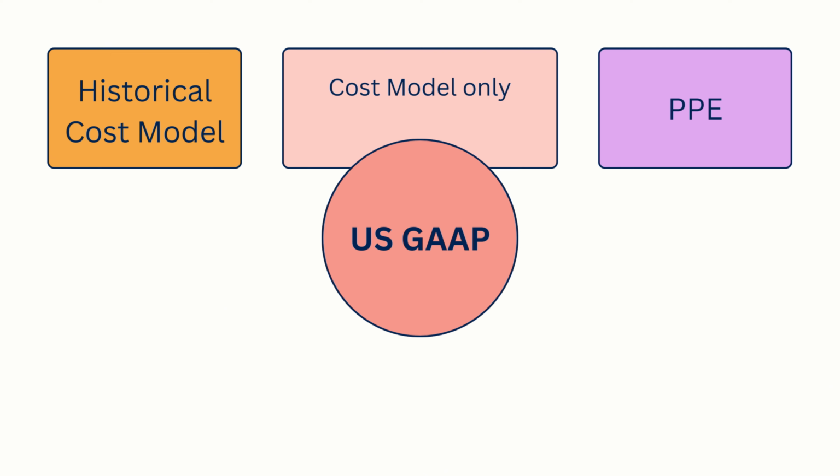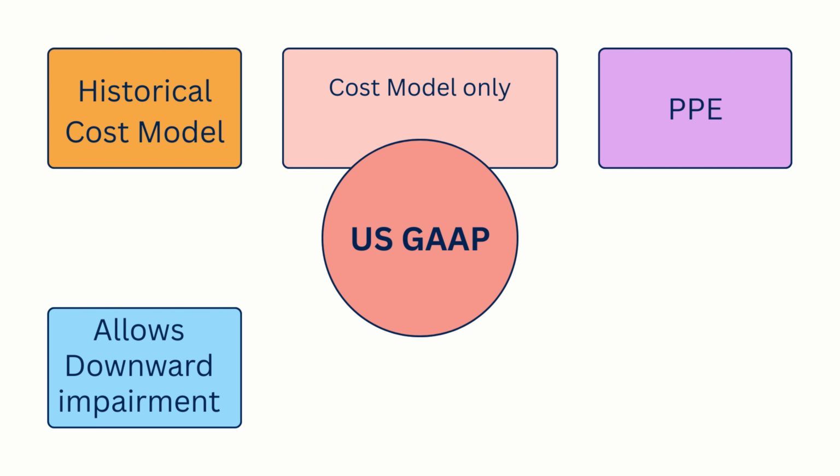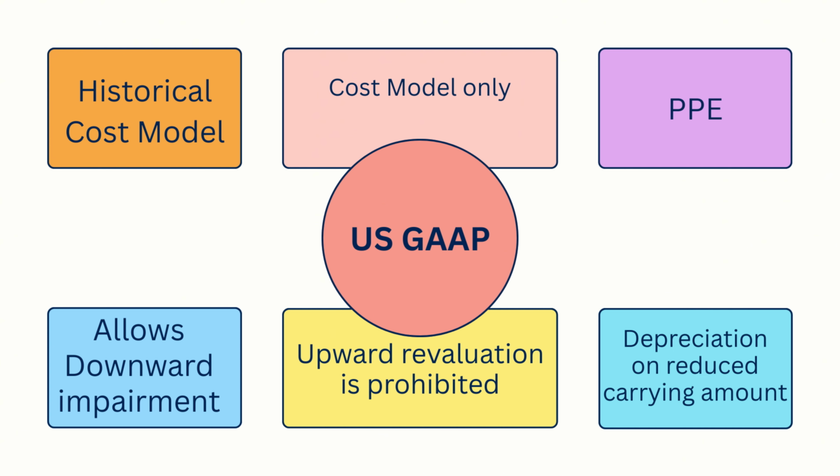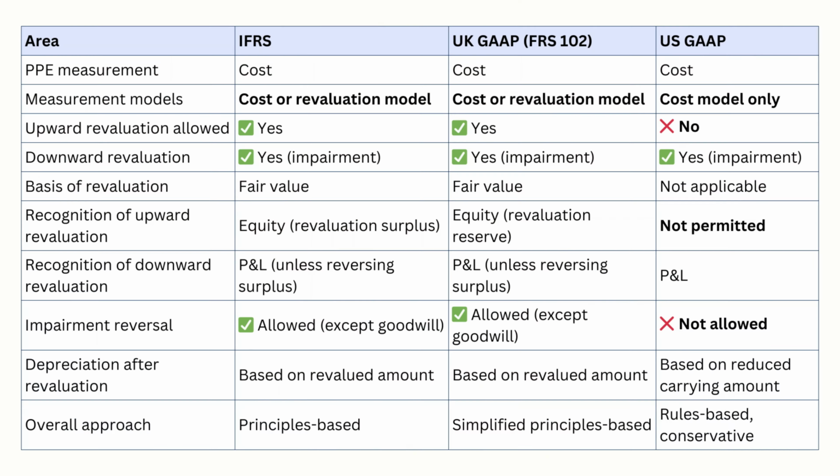Assets are reviewed for impairment when indicators exist. Downward revaluations are recognised in profit or loss. Impairment losses cannot be reversed. Upward revaluation is prohibited. Depreciation is recalculated using the reduced carrying amount. This table highlights the key differences in asset revaluation, particularly the treatment of upward revaluation and impairment under each framework.